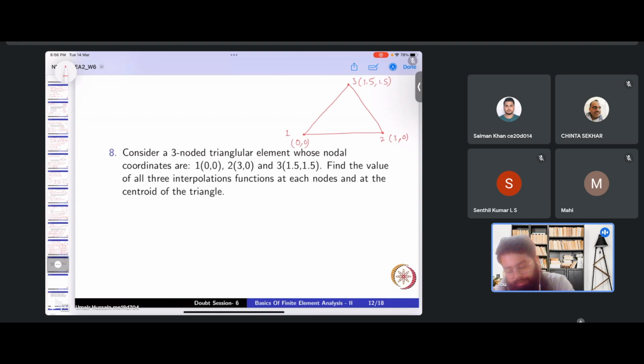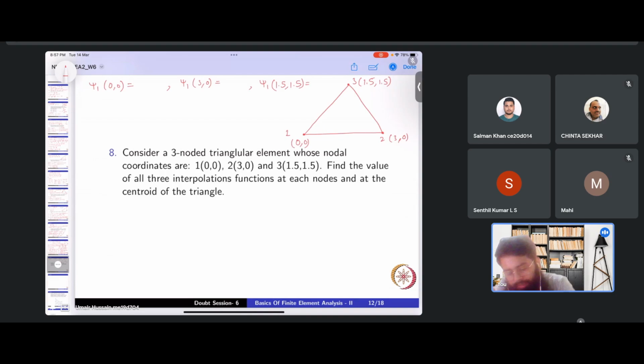So can someone tell me what should be the value of psi 1 at node 1, 0, 0? Value of psi 1 at 3, 0? Value of psi 1 at 1.5, 1.5?